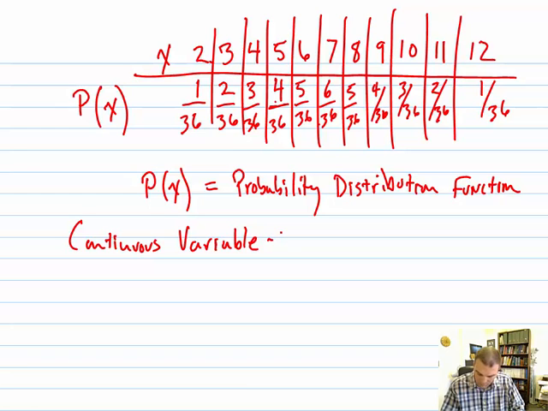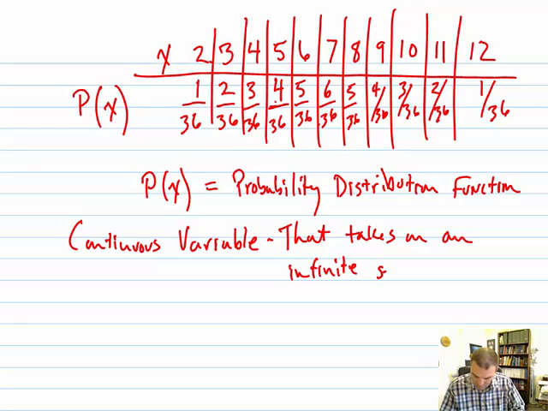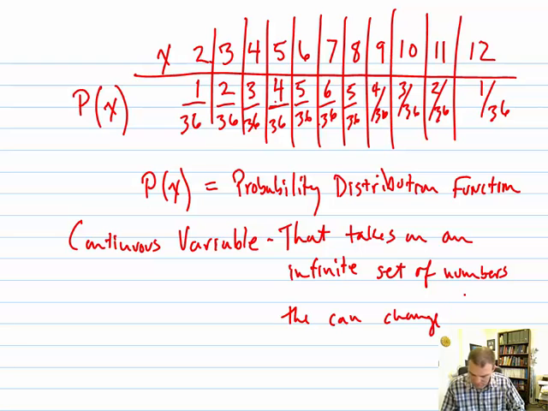So a continuous variable is a variable that takes on an infinite set of numbers or values that can change in infinitely small increments. So let me give you a simple example of a continuous variable.